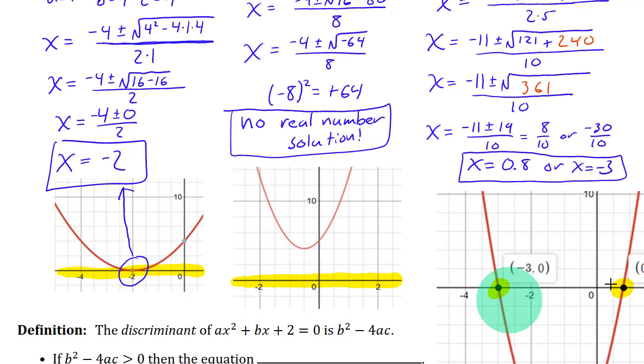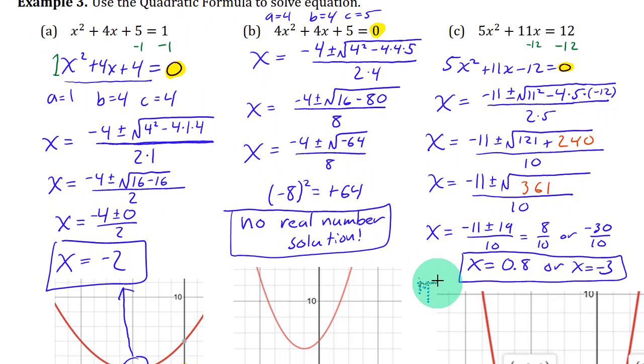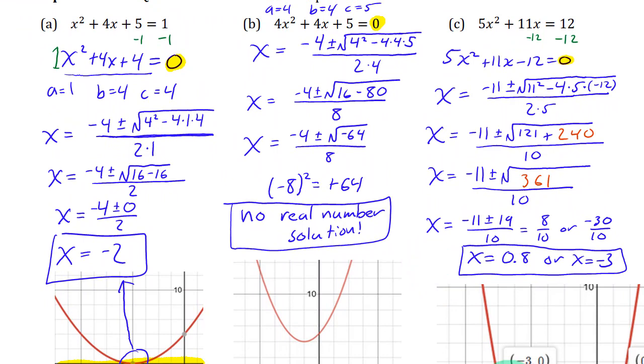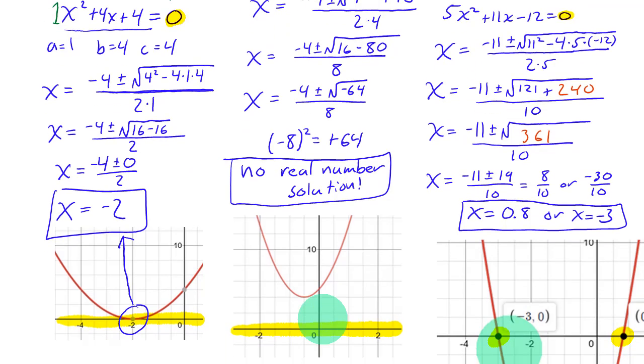And the way you can tell which one of those it's going to be without actually going to the trouble of graphing it or doing the whole quadratic formula is to look at what happens inside the square root. In this case, the b squared minus 4ac turned out to be 0. And when that is 0, plus or minus 0 just gives you one number.